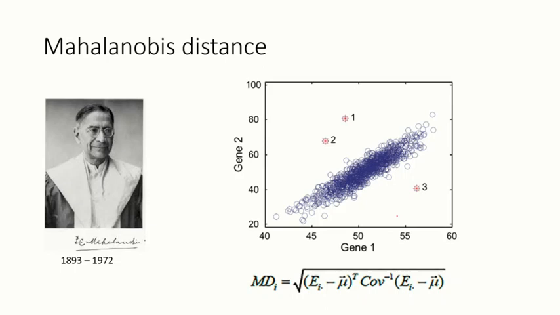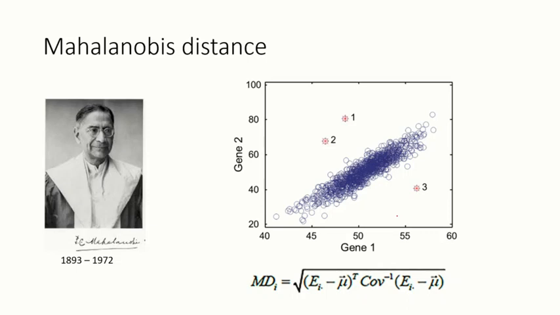This term is the same as Euclidean distance, computing the distance from every data point to the center. This mu bar is the center. And we add a covariance matrix in the middle, the inverse covariance matrix, to compute the distance.